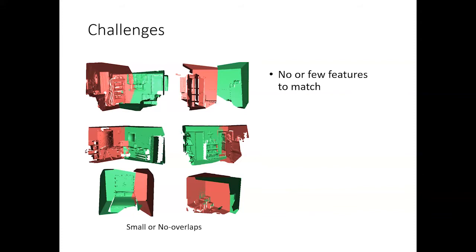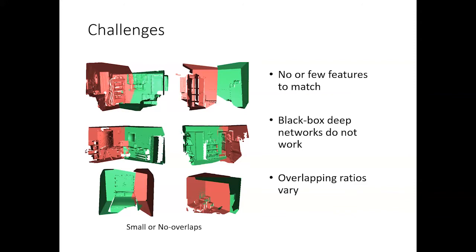And because of this, black box deep networks would not work. Also, the overlapping ratios: sometimes they overlap a little bit, sometimes they do not overlap. This is very hard to address. For example, if we want to set up a threshold to extract the shared features, this would not work.